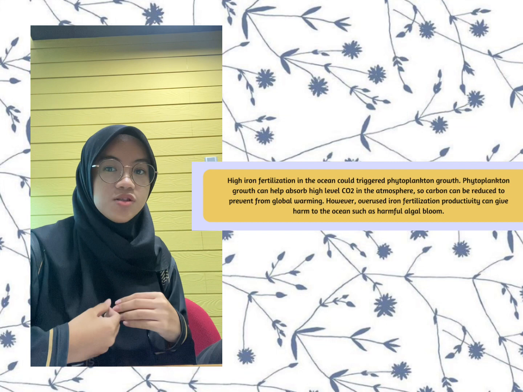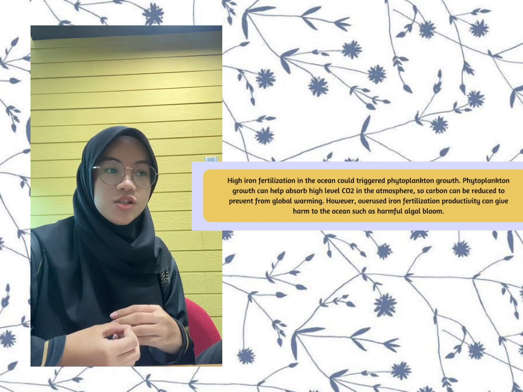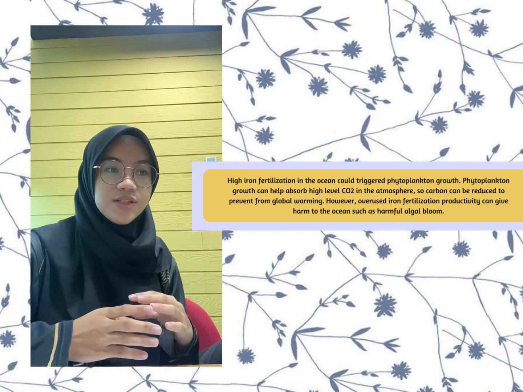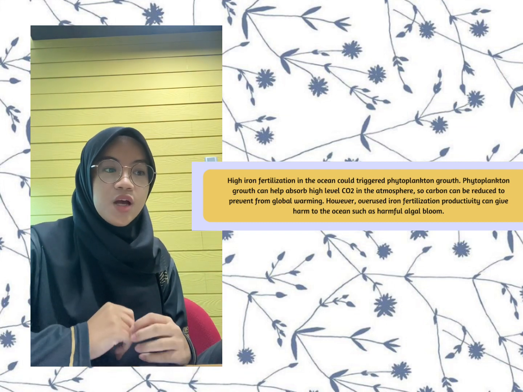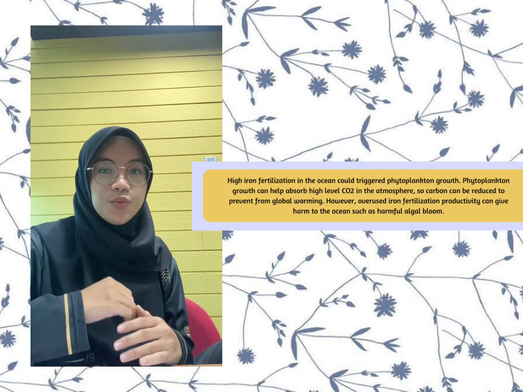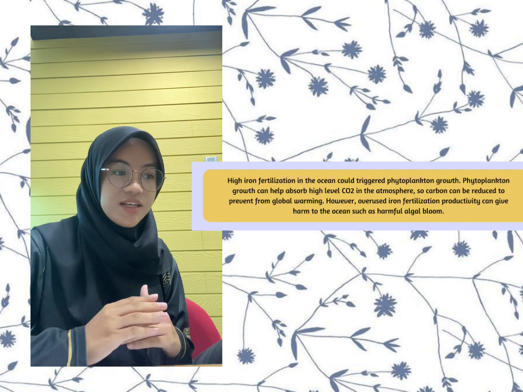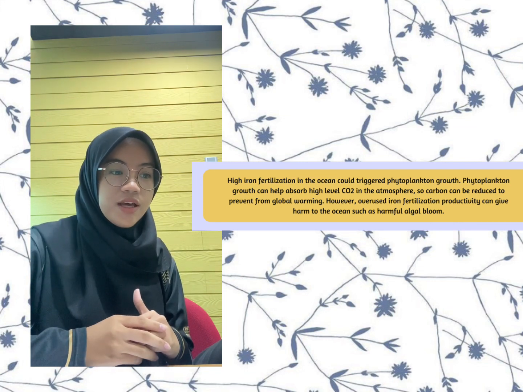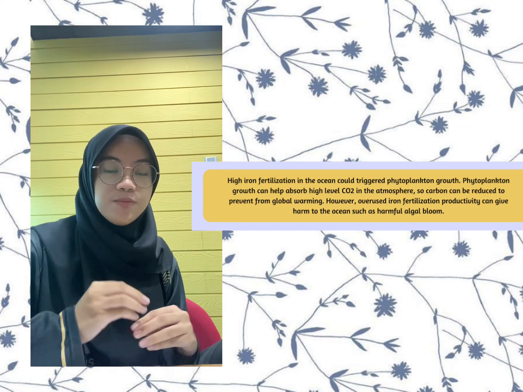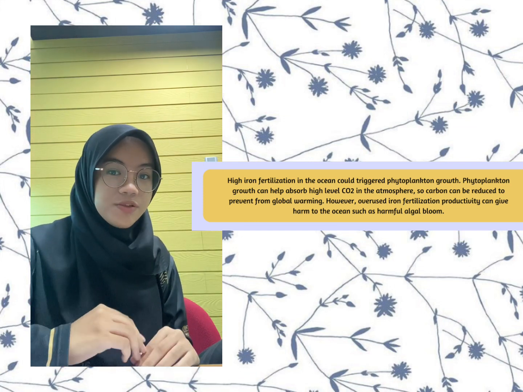Phytoplankton could absorb a high level of carbon dioxide in the atmosphere, so more carbon could be reduced and removed from the ocean surface and carried to the deep sea. However, we cannot overuse iron fertilization as it can trigger overgrowth of phytoplankton and cause a lot of phytoplankton blooms. Phytoplankton blooms could harm the environment.